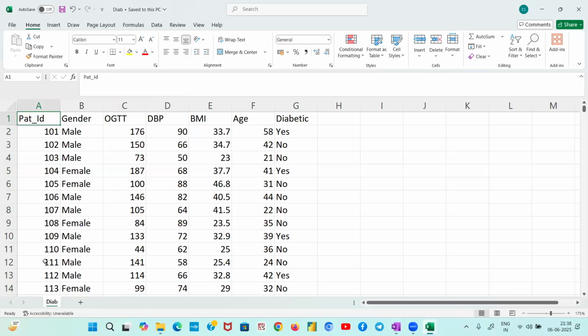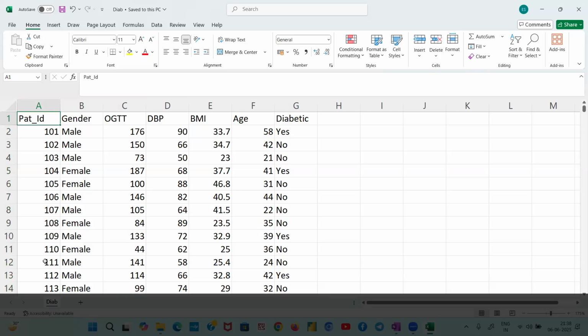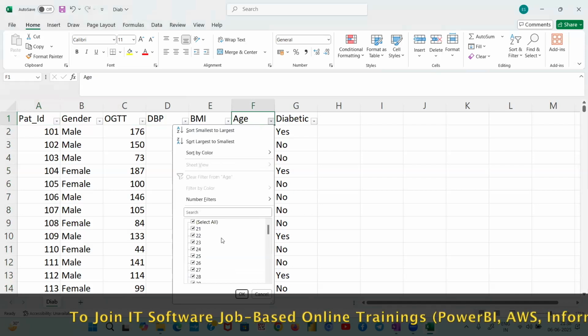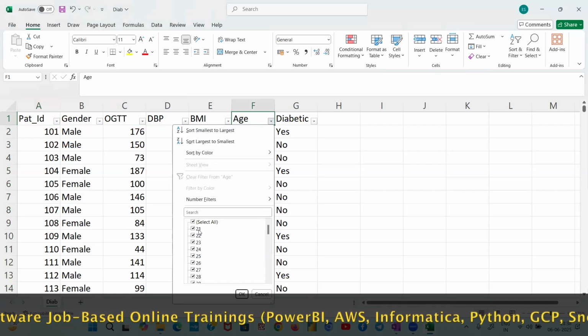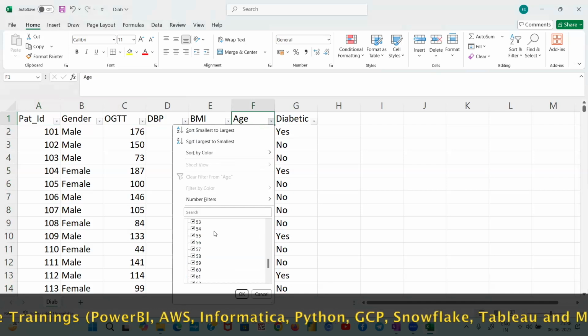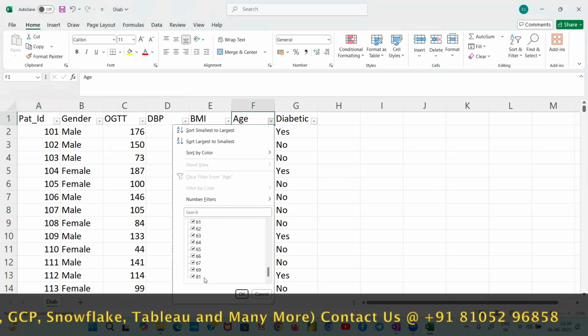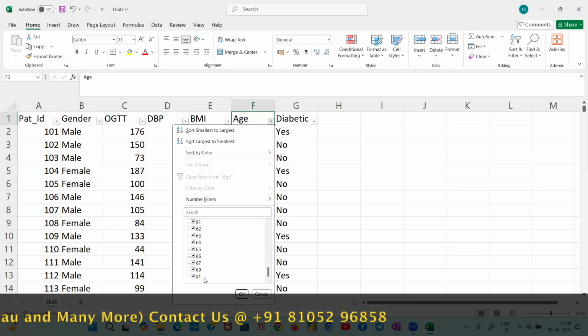Individually, there are people as young as 21 years, and at the end people of 81 years also. By looking at these numbers, I can't tell which age people are mostly here.